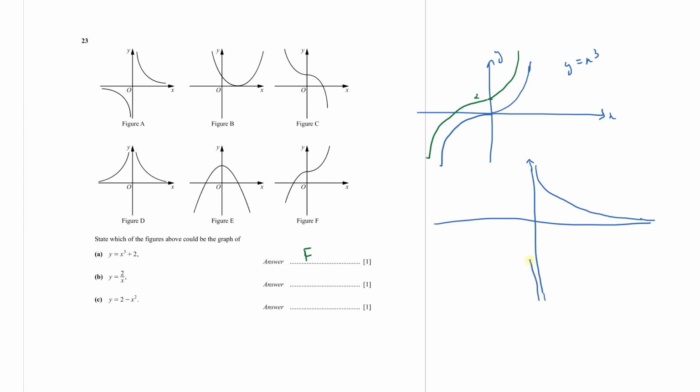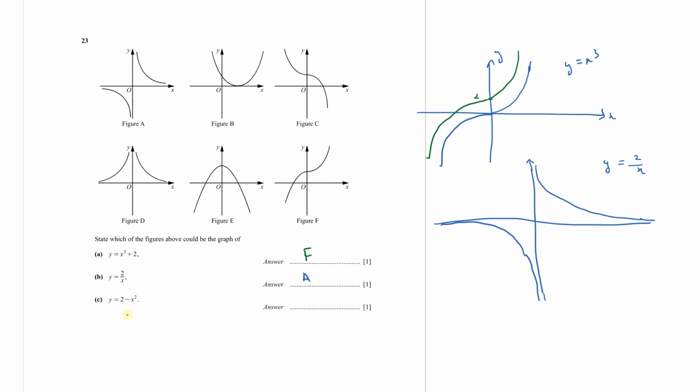And then if you decrease the value of x to minus 1 billion, so 2 over minus 1 billion will mean that y will be very small, almost close to 0, getting close to 0 all the time. So this is y equals 2 over x. So which graph is similar to this? This is the similar graph. So this is figure A.